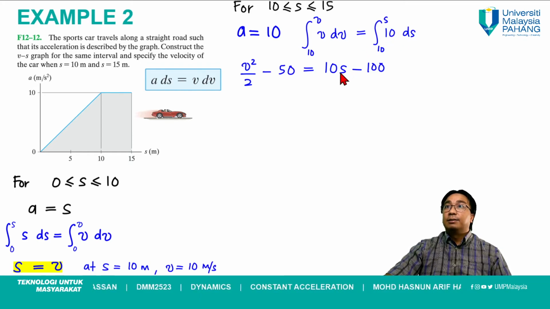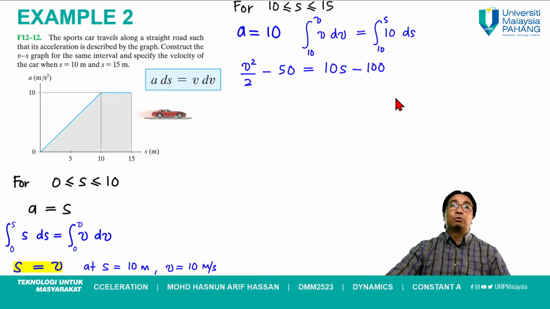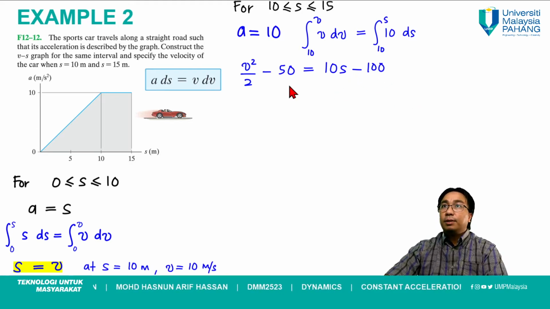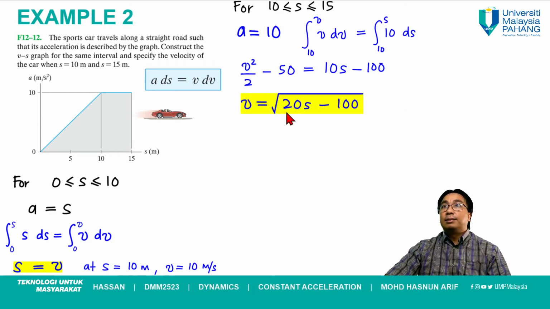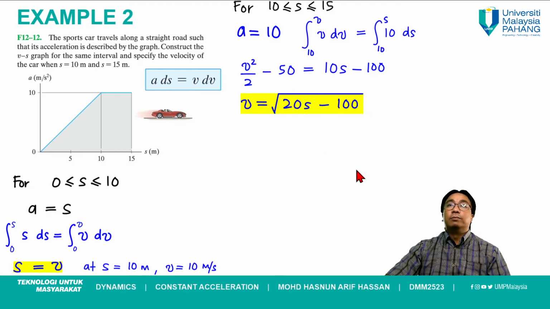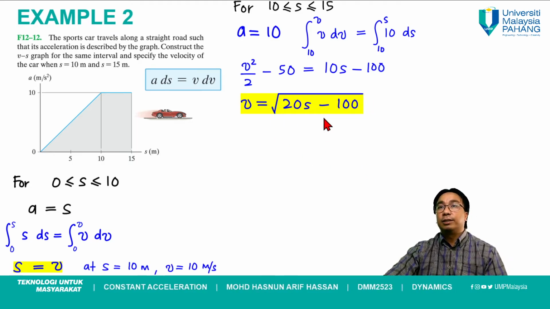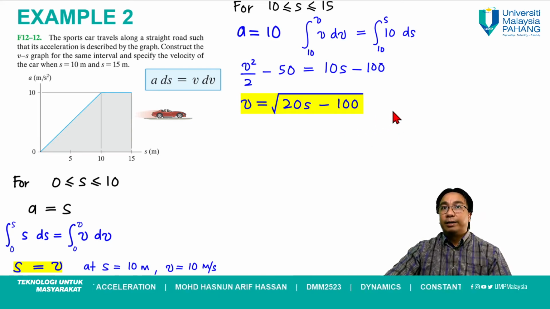So dapatlah 10s minus, gantikan lower limit, S ni ganti dengan 10, so 10 kali 10 you dapat 100. Okay, so buat sedikit rearrange, you akan dapat V is equal to square root of 20s minus 100. Okay, this is the equation yang you ada.